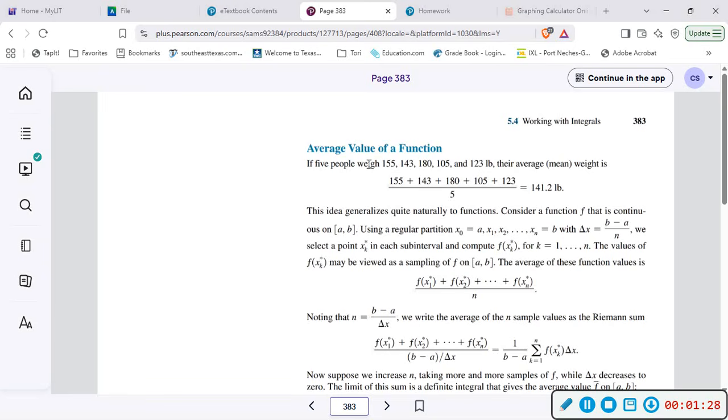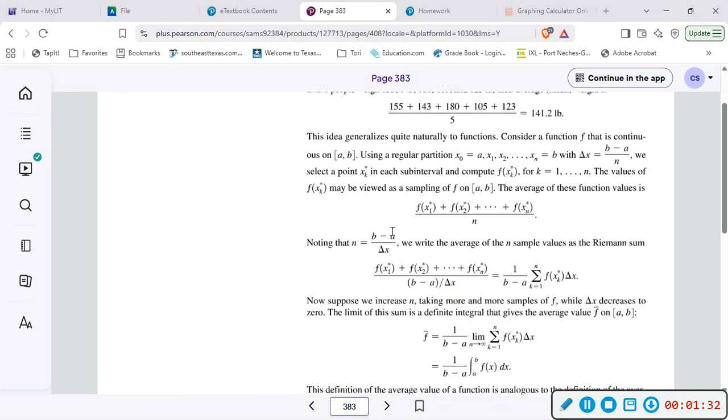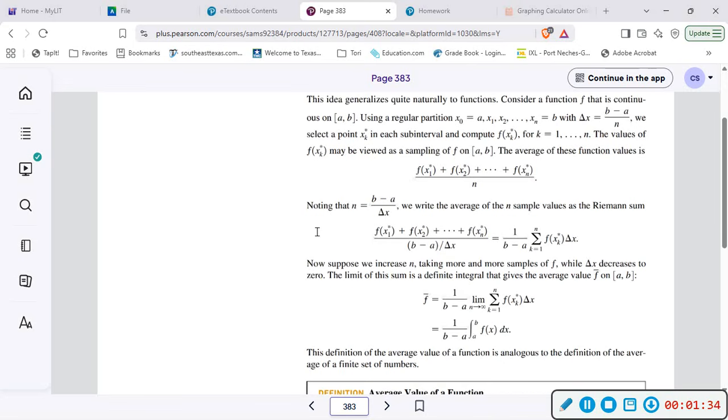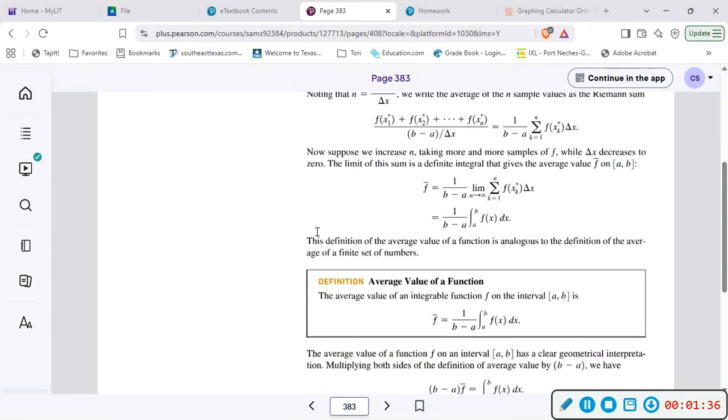So we have an average value function, so we'll find the average and use this to find the average value of a function. Here's that average value of an integrable function f on interval [a, b], denoted f bar, and that is 1 over the distance of that interval, times the integral from a to b of f of x.